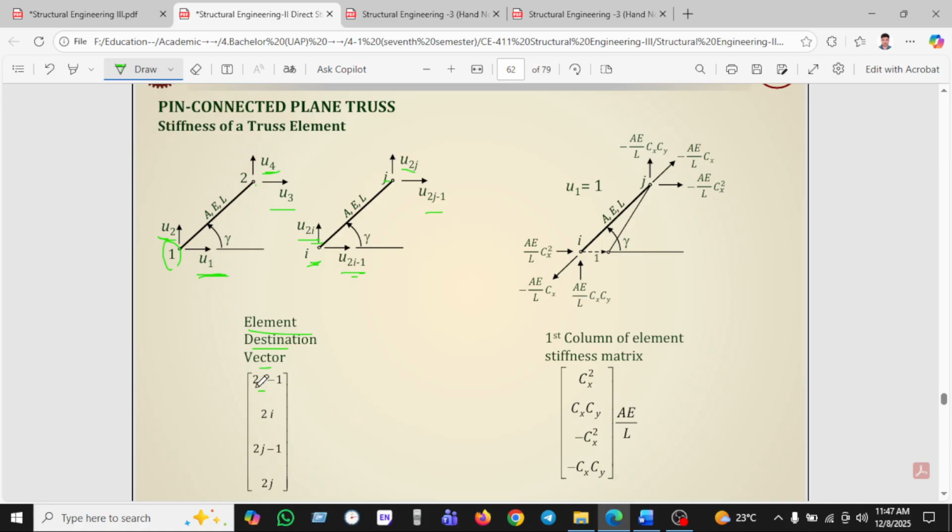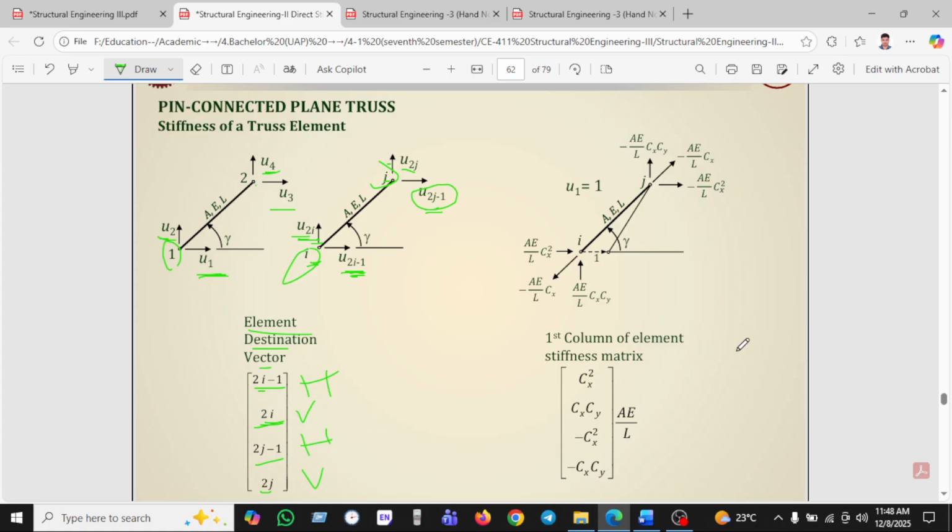So this is the first node and this is the second node.